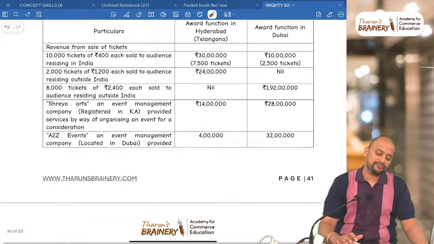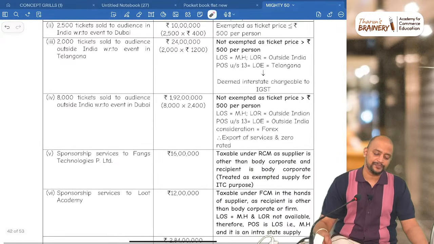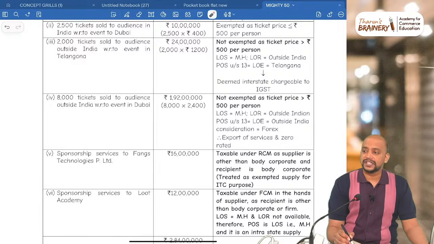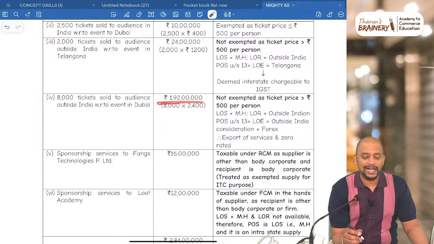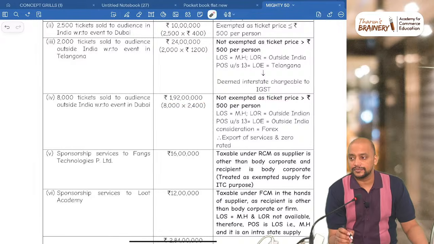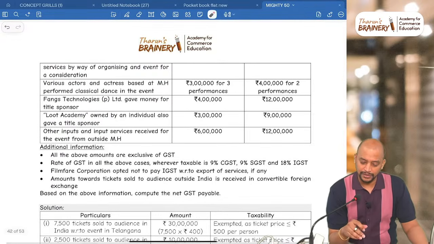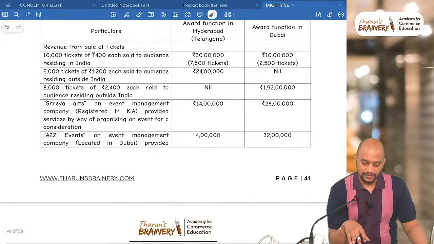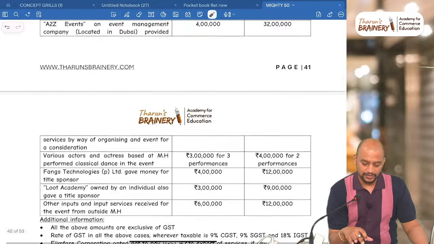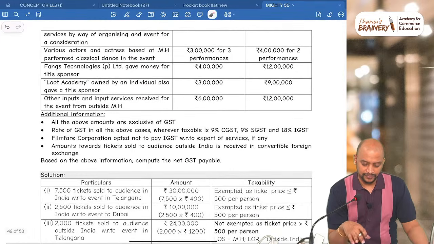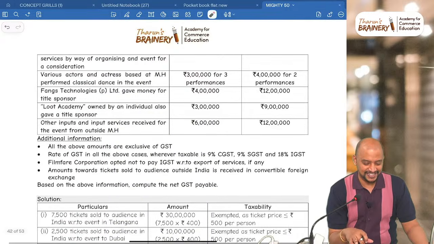It will qualify for export of services, and it is zero rated. So 1 crore 92 lakhs is the value. Okay, we will take the assumption that consideration is in convertible foreign exchange. It's given.